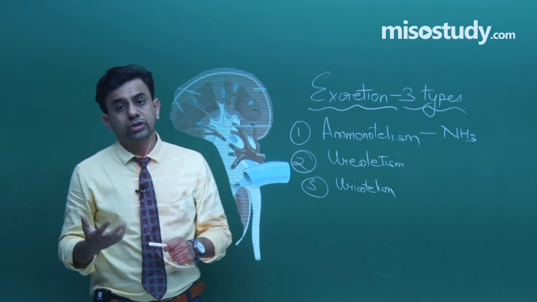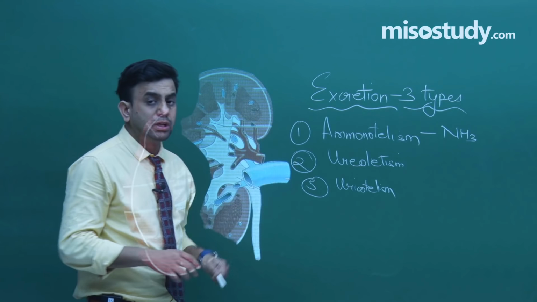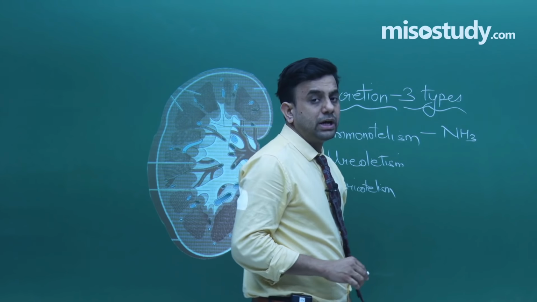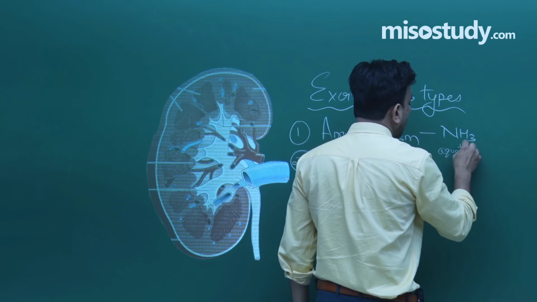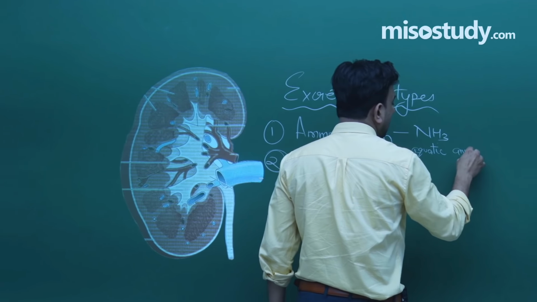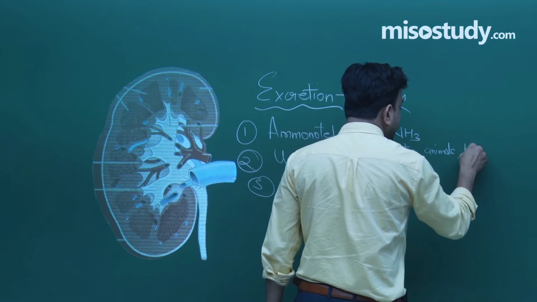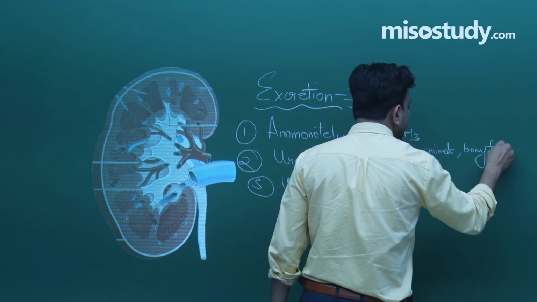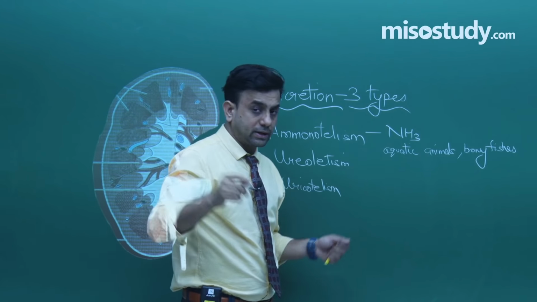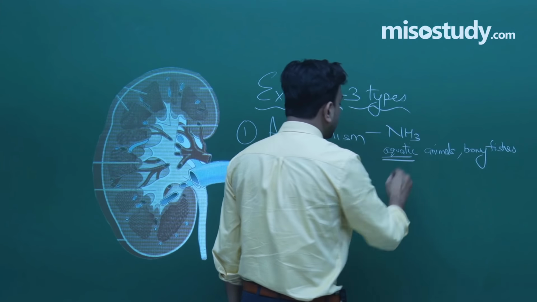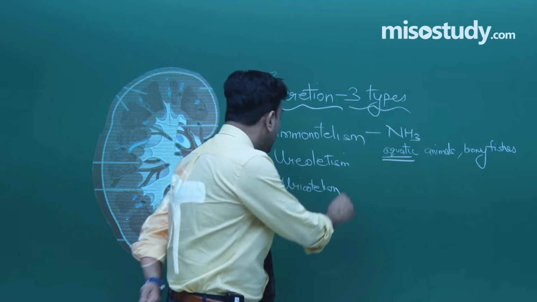But we cannot afford to take in so much water. So, this type of ammonotelism is seen in aquatic animals, bony fishes, amphibians and all that, mainly aquatic, that you should keep in mind.